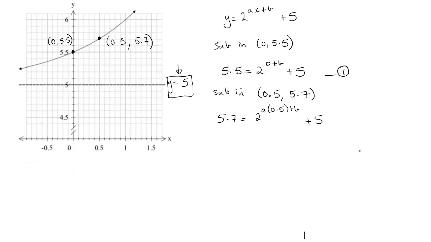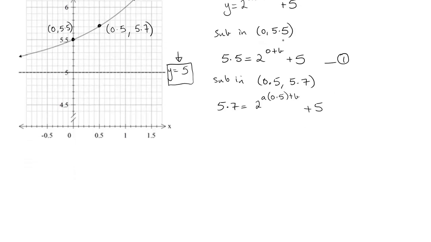Okay, so now if we have a look at equation number 1, we can transpose it. The reason why we want to do that is because it might be helpful for us to know what 2 to the power of b is. So 2 to the power of b, if I just move the 5 over to that side, it becomes 0.5.